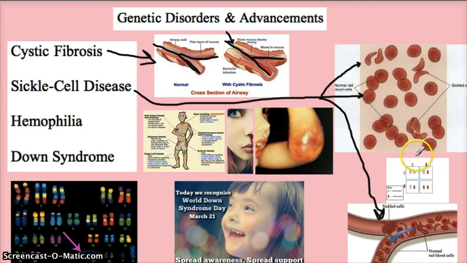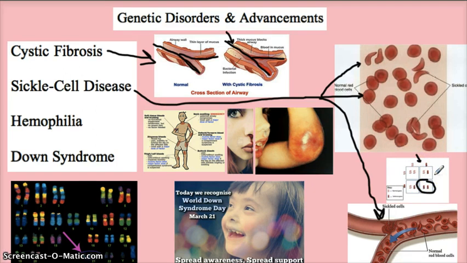These 2 people are carriers of the sickle cell, which means they'll have some of these sickle cells, but not a whole lot. But their offspring have that 25% chance that they will have the full-blown sickle cell disease, and the 75% chance that it will only be partially having that disease because it is codominant.